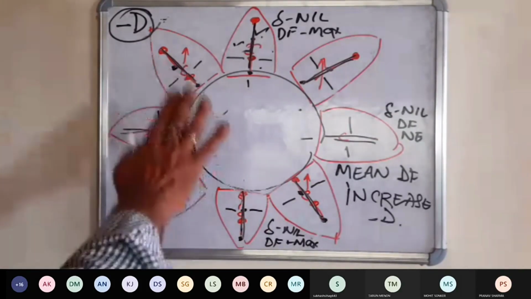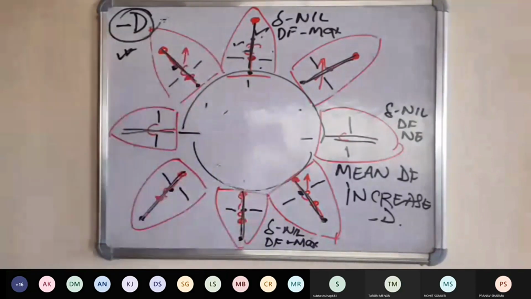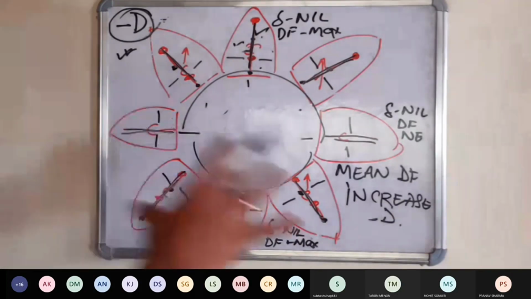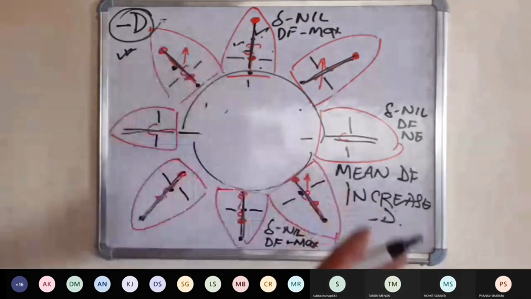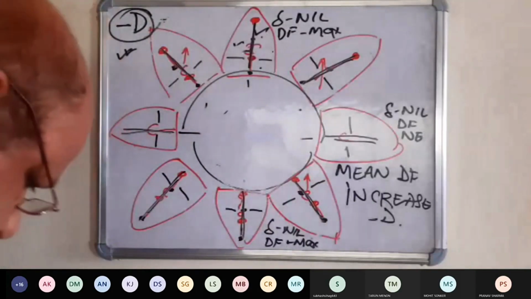These are the two conditions of two rods which are going to cause minus D. And in the similar fashion, I think now you're smart enough, you can work out how it is going to go about.